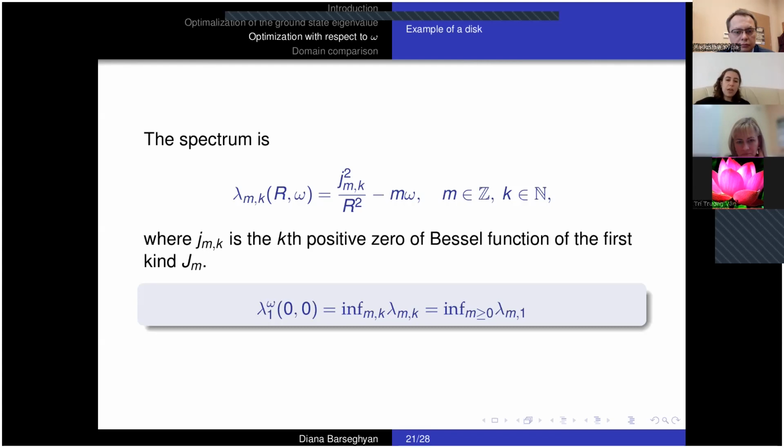Then we have j m k, where j m k is the kth positive zero of the Bessel function of the first kind, j m. R is the radius, omega is our angular velocity, and m is an integer number. So in this situation, we directly calculate the eigenvalues. And then the first eigenvalue is, of course, the minimum of this set. Next, please.